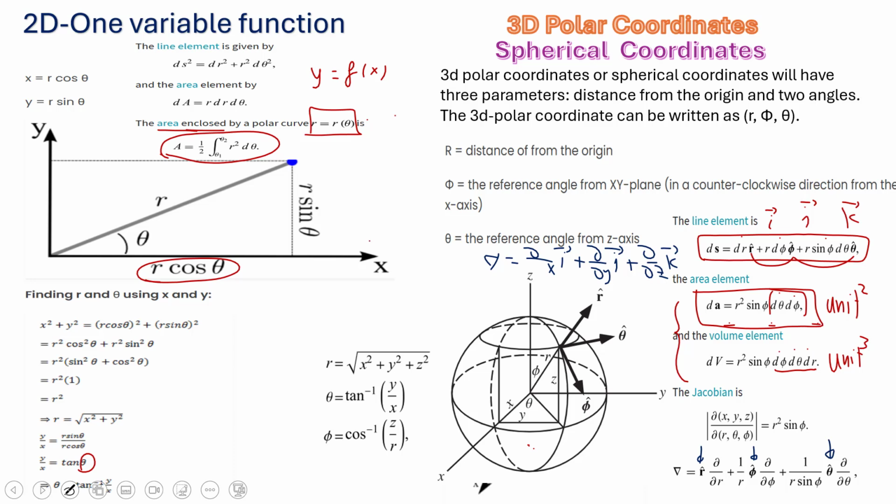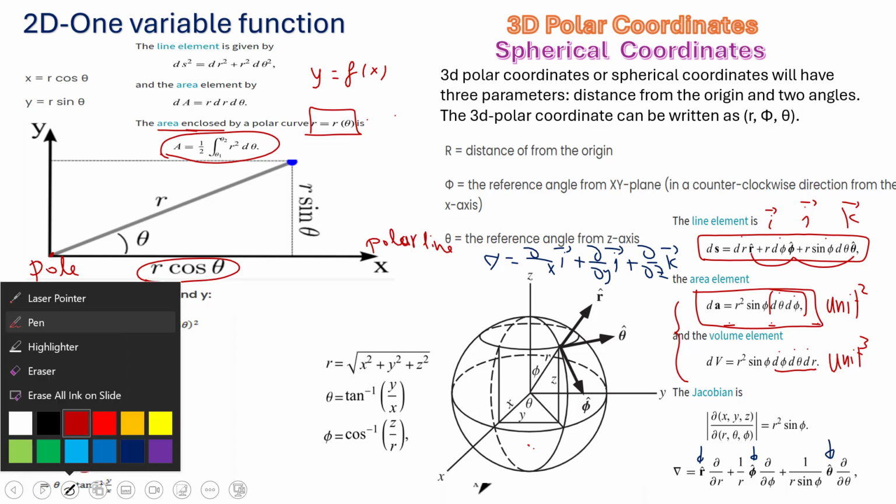Because this is what they call the pole, if you remember. And this is what they call the polar line. This is the origin, in the Cartesian. They call it the pole, and the positive x-axis we call the polar line in the polar coordinates, right?